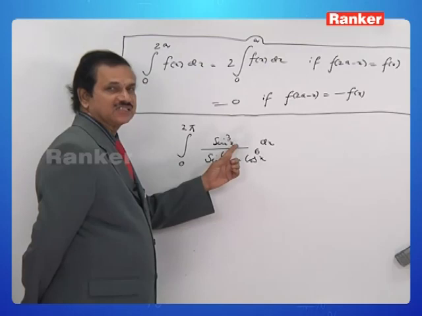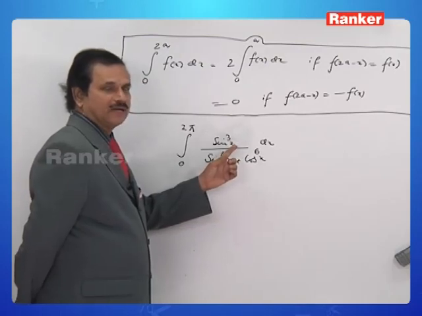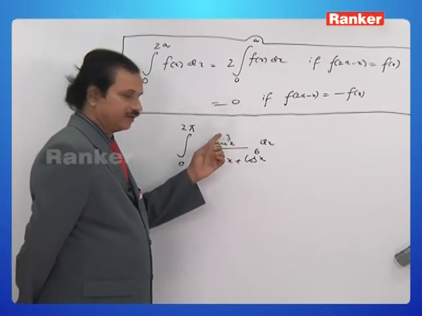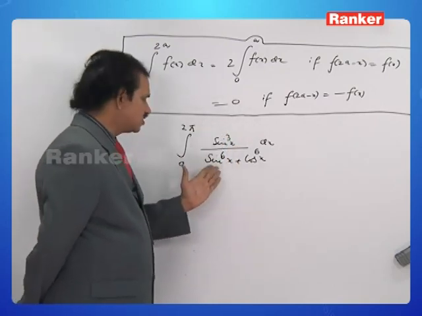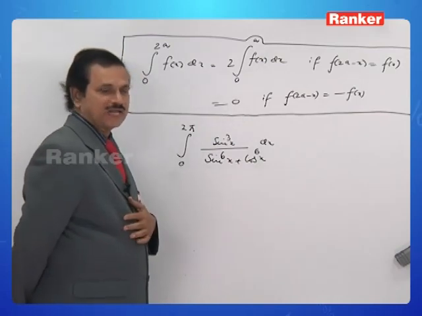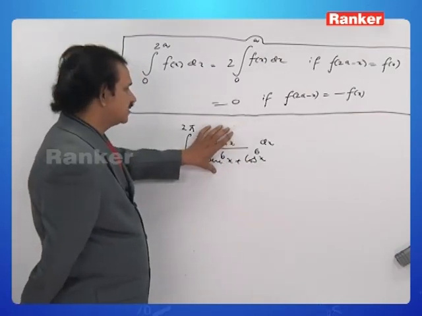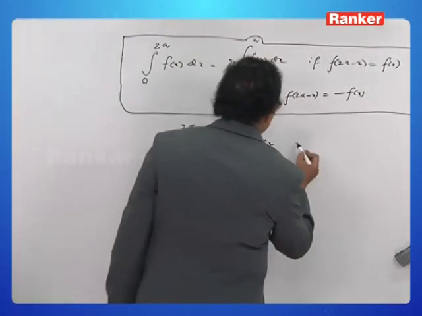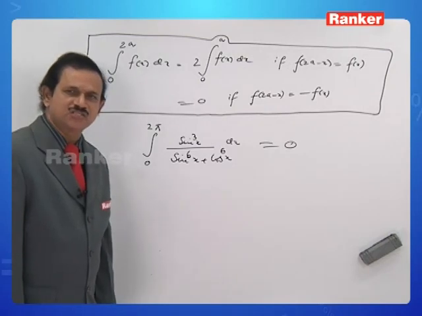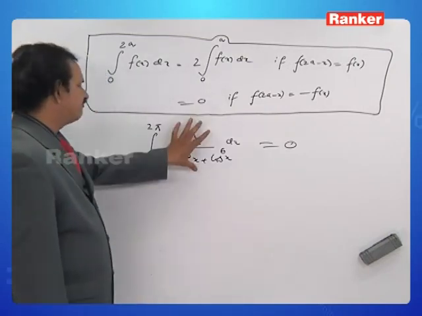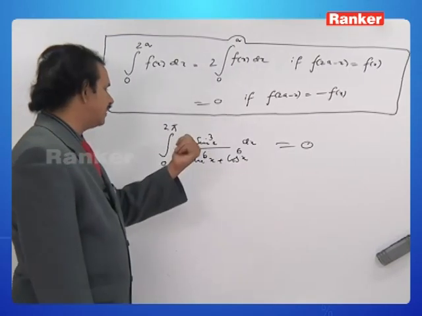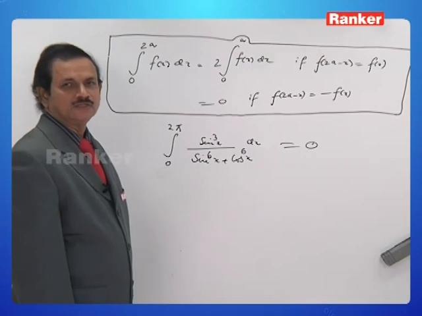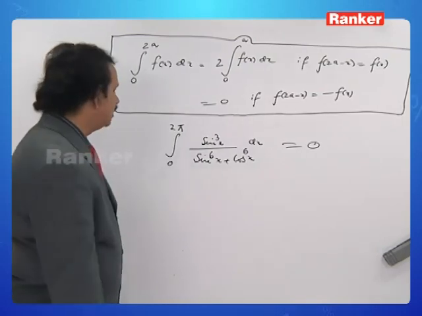Sin of 2 pi minus x means it belongs to the fourth quadrant. Sin cube x is negative, so minus sin cube x. But the denominator is positive. So total, if you consider this to be f of x, then f of 2 pi minus x is minus f of x. Mercilessly you put 0. You just take it as 0. Why? Because f of 2 pi minus x is equal to minus f of x, isn't it? You need not calculate it at all.